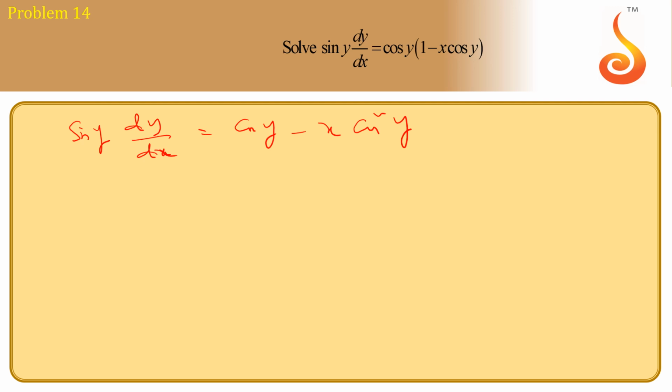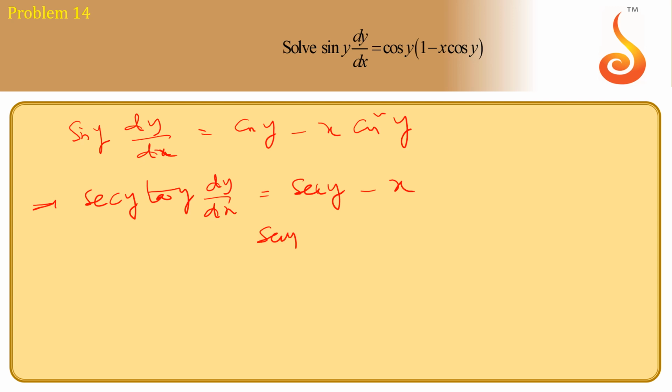Okay. Now let us divide with cos square y on both sides. So sin y by cos square y, tan y secant y dy by dx equal to secant y minus x.